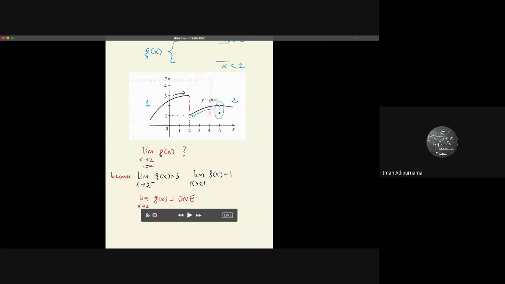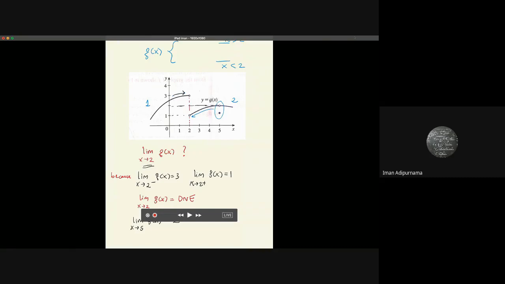And if we try the same thing, go for 5. As we can see in the graph, it's having a limit around here, around 2, right? It's around 2, because when we are approaching from the left and approaching from the right, it's the same, it's 2.